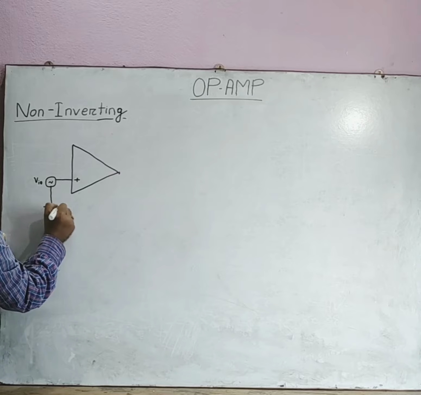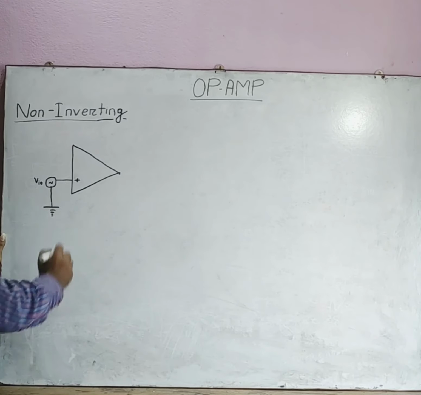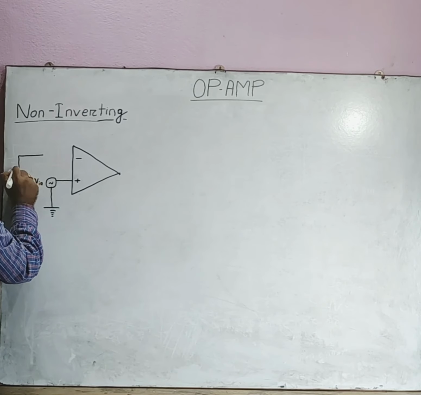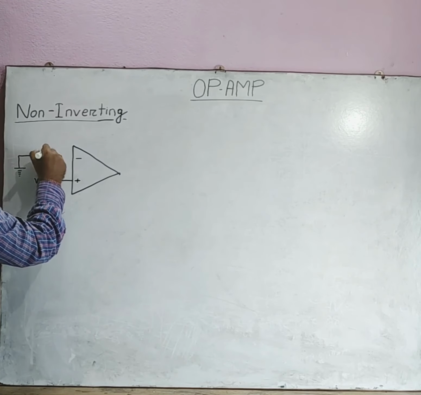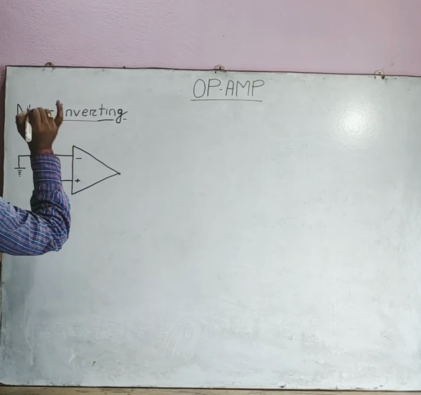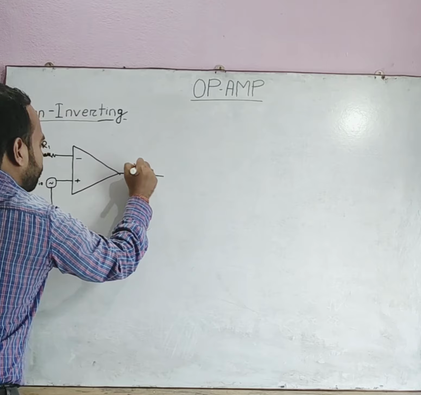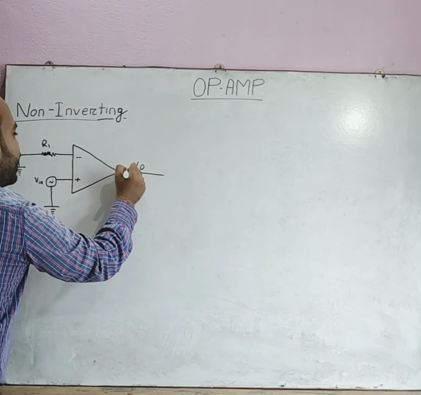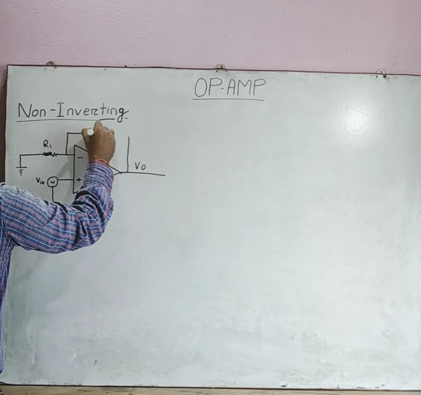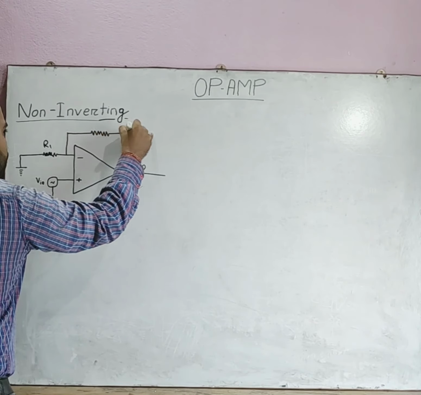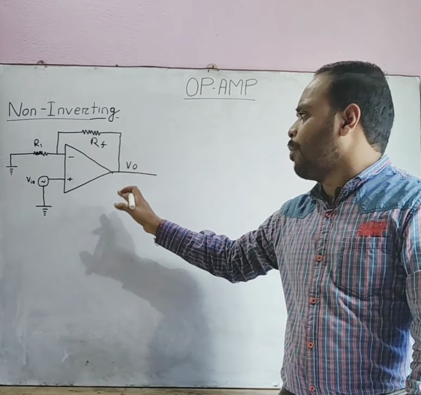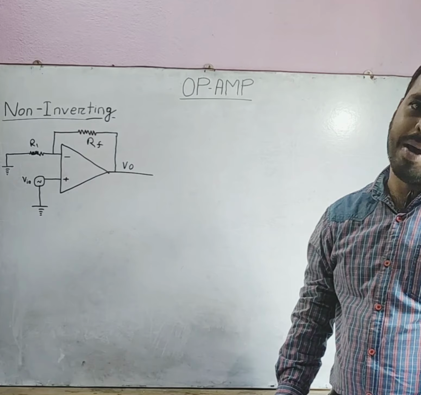The negative terminal is grounded, and it is provided with a resistor R1. If this is the output V0, we are providing feedback to the inverting terminal by a feedback resistor RF. So, this is the circuit diagram of the non-inverting op-amp.